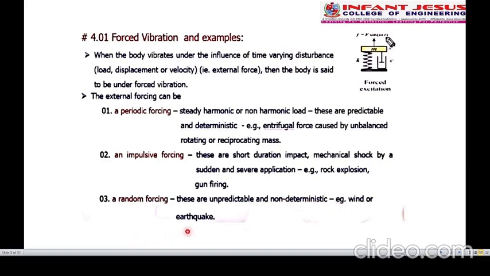When the land shakes, the building will vibrate and it may fall. So this is random forcing. We cannot predict and we cannot measure it.